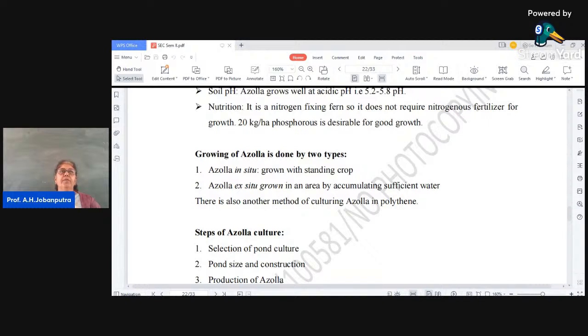In situ means when there is a standing crop of Azolla. स्टँडिंग क्रॉप अझोलाचा असेल त्याच्यातच तुम्ही ते फर्टिलायझर प्रोव्हाइड करू शकतात, अझोलाला तिथे प्रोव्हाइड करू शकतात. आणि ex situ म्हणजे खूप सारं पाणी जिथे गोळा झालेलं असेल. So there is one more method, that if you see some area where a lot of water has accumulated, then you can place a plastic over there, and then you can cultivate Azolla. You can just provide Azolla, and then that Azolla will grow in that pot.